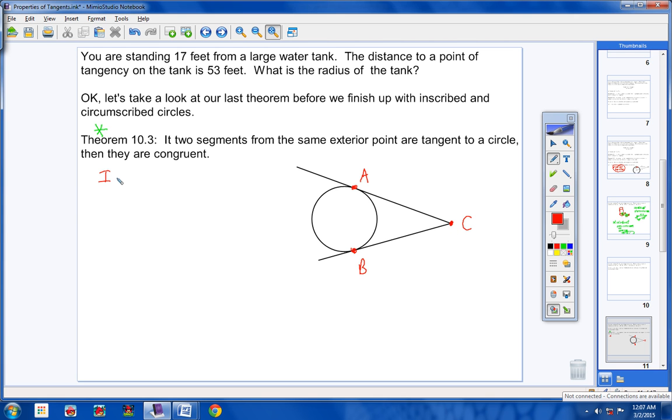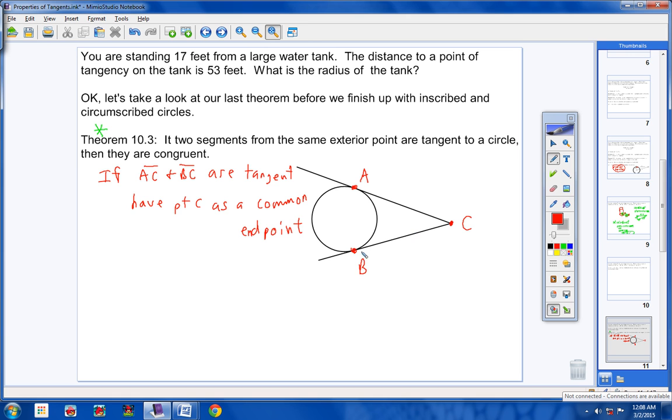So if AC and BC are tangent, and they have point C as a common endpoint, so let's look at this again.